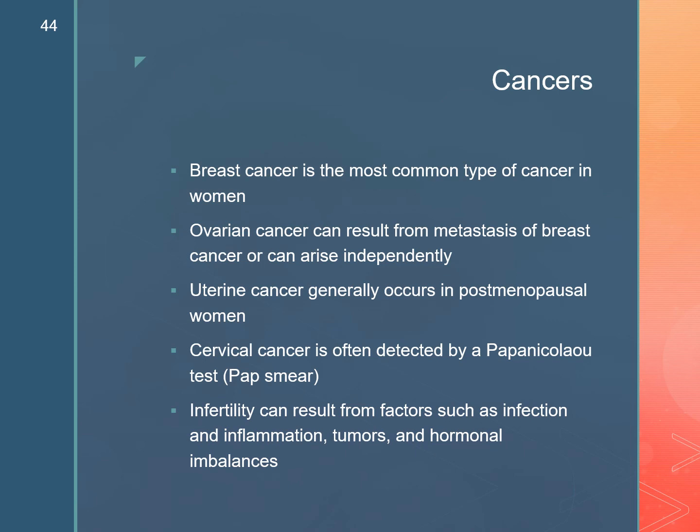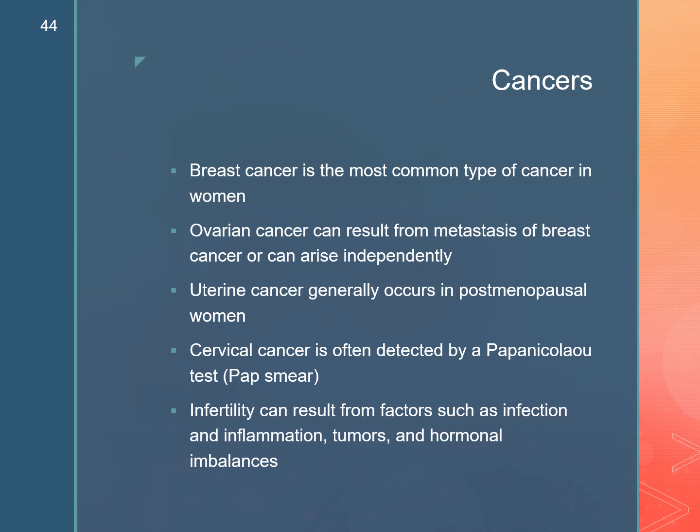node dissection as well. Now, there are also modified radical mastectomies, there's segmentectomies, there's lumpectomies, various different things depending on what is best for the patient or what the physician and the patient decide is the best course of action.